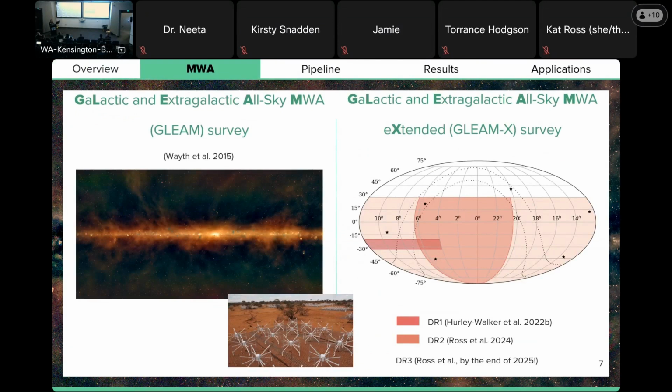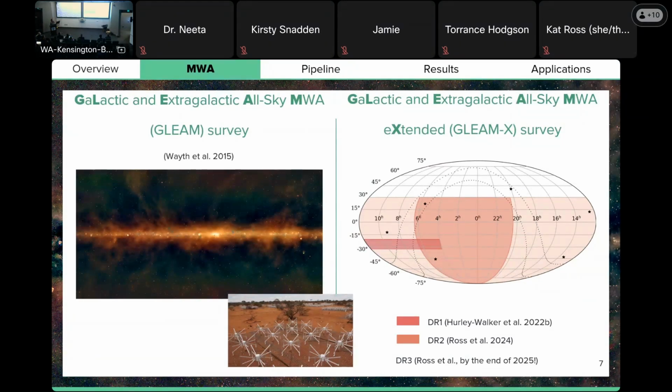To overcome all these issues, we decided to create another image of the galactic plane at lower frequencies, and we use the MWA, of course. We combine observations from the Galactic and Extragalactic All-sky MWA survey, or GLEAM, that you can see here in the left part of the slide, which covers the whole southern galactic plane south of declination +30, with the GLEAM-X extended survey, which you can see instead on the right.